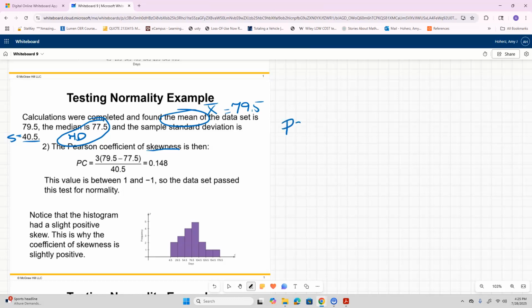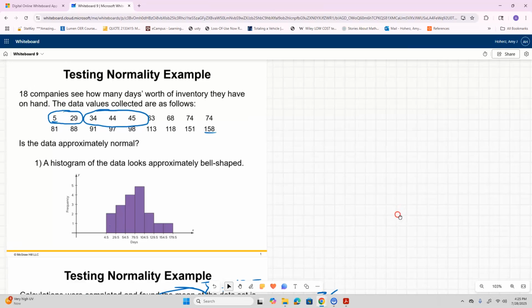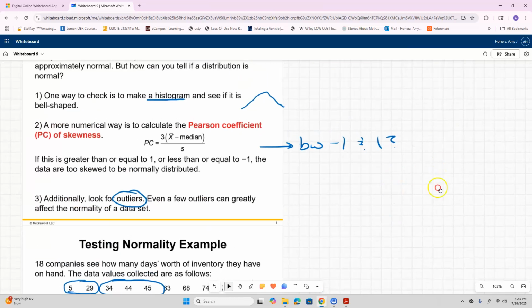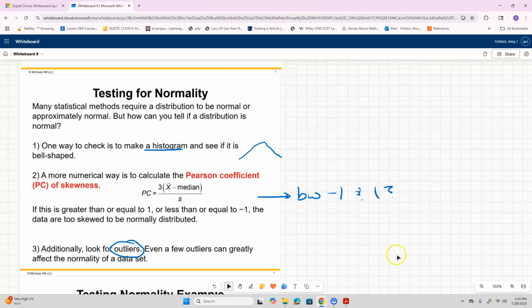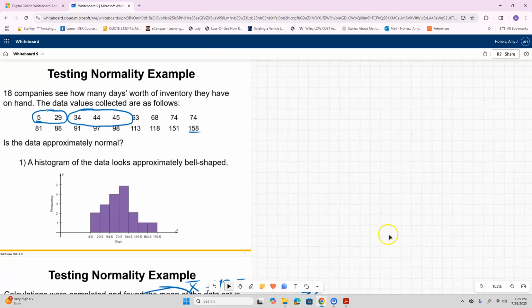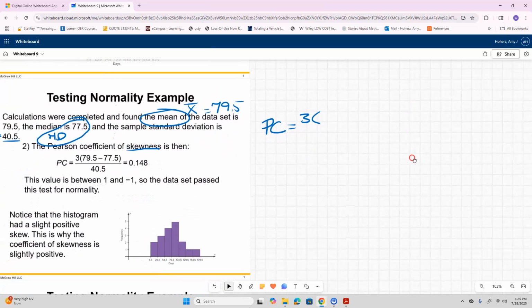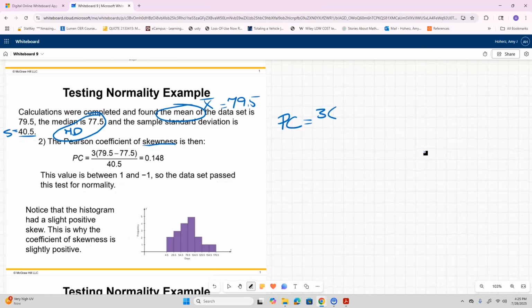We want to calculate the PC. And remember, we want to see if this PC is somewhere between -1 and 1, and if it is, it's okay. So our formula, let me go back and refer to it, is 3 times x bar minus median over s.